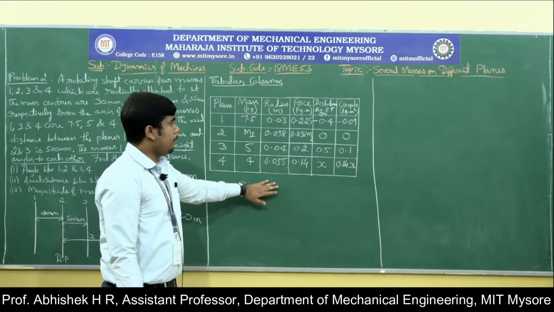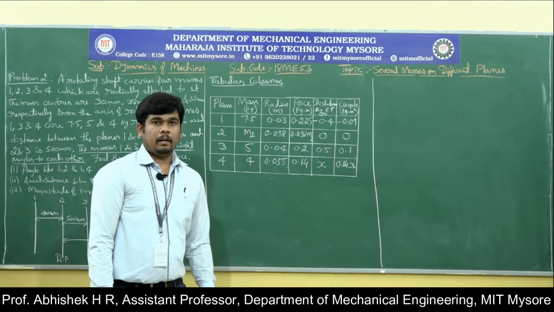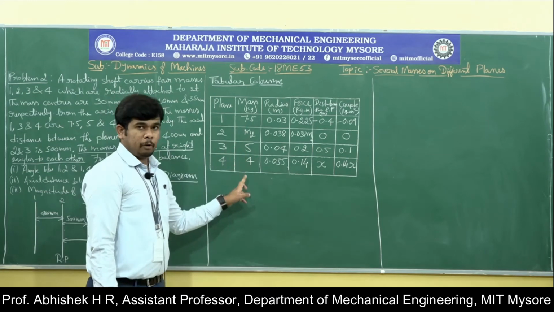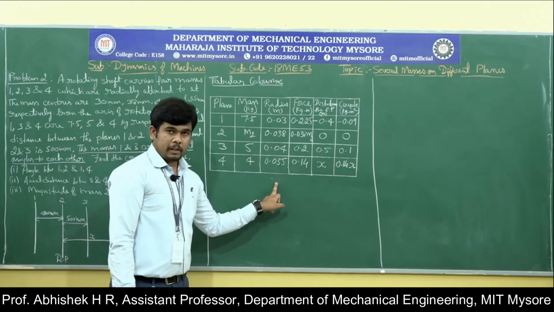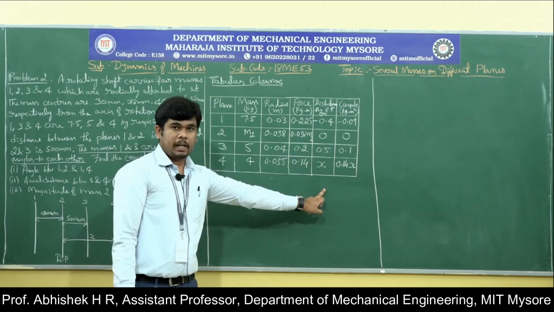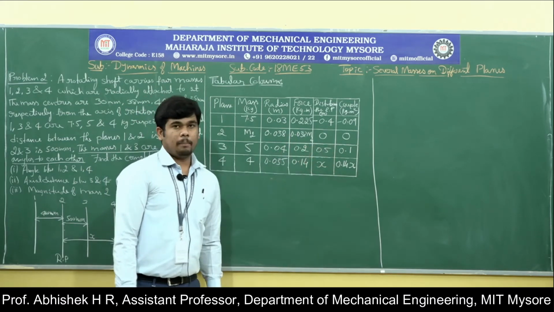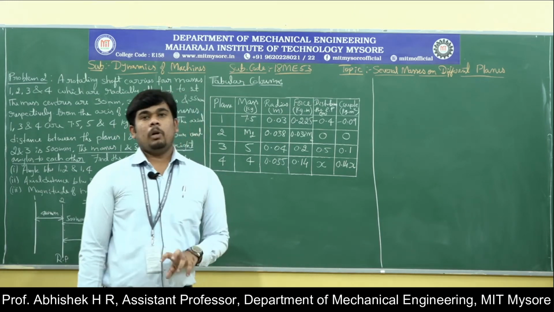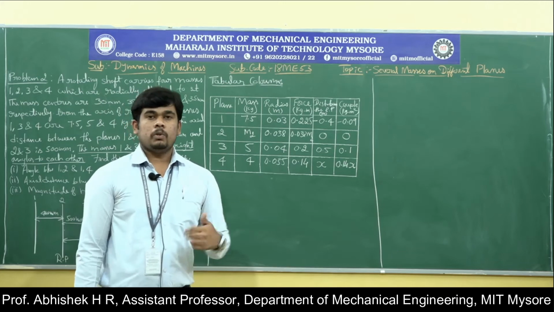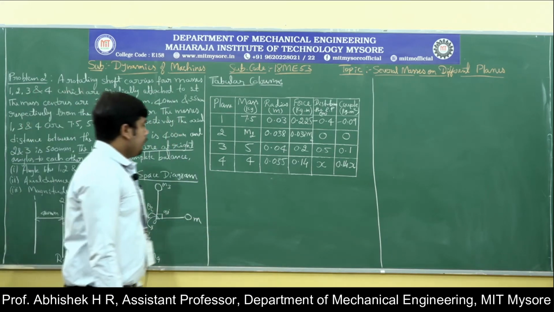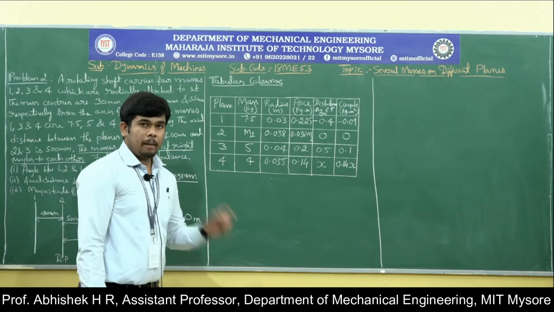So now we have completed the tabular column part. We have entered all the planes, the masses, radius of rotation, force values, distance from the reference plane values, and the couple values. Our next step is to construct the couple polygon and force polygon so that we can find the required parameters. First we will construct the couple polygon.